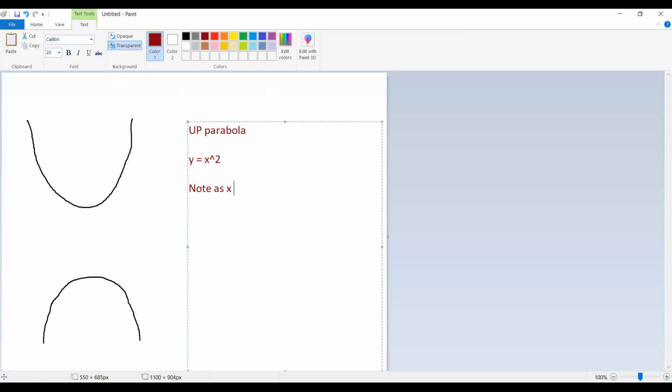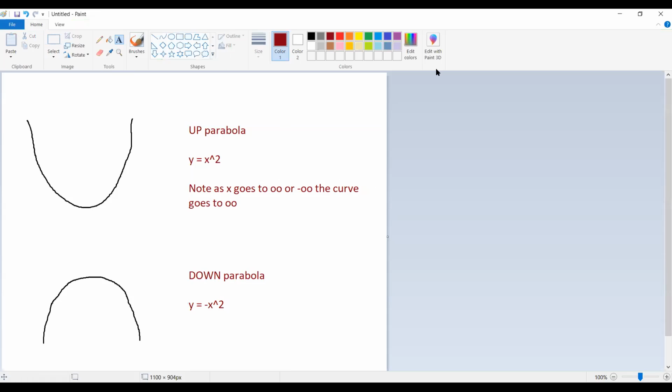Note as x goes to infinity or minus infinity. Down here, this is the down. So it would be y equals negative x squared. And we have a similar thing about what happens.